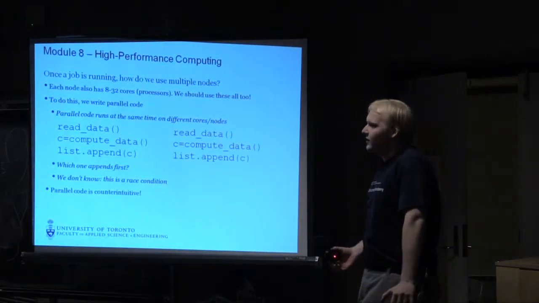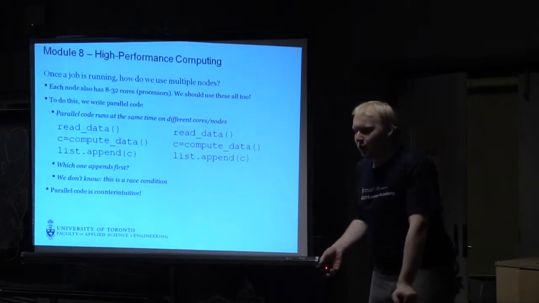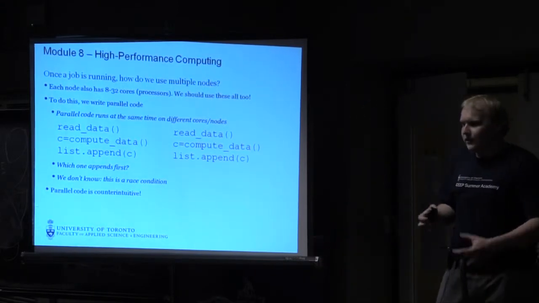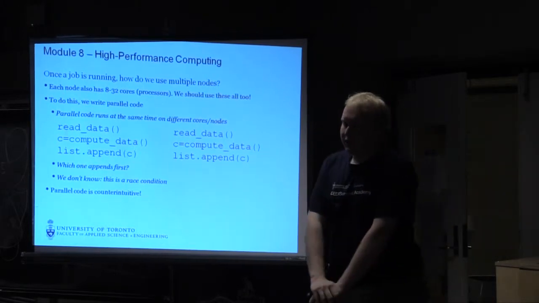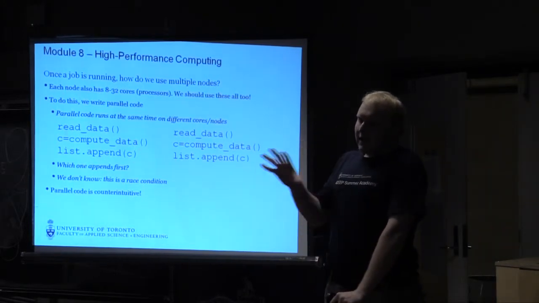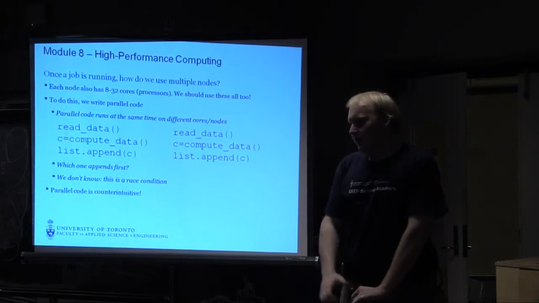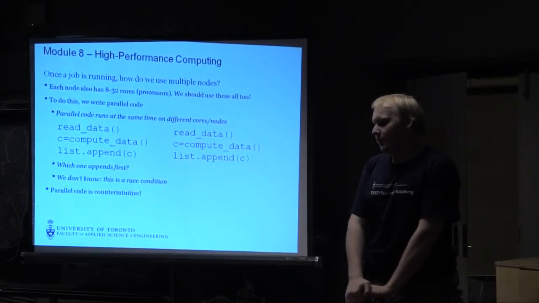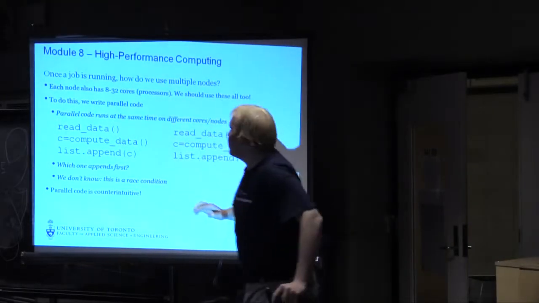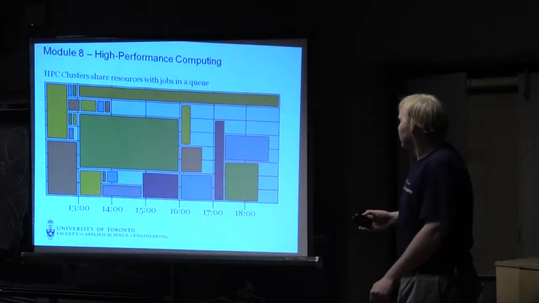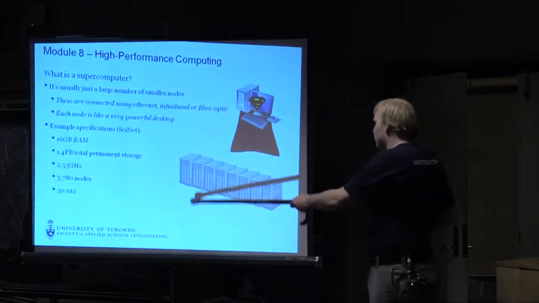Once the job is running, now we have to think about how do we use multiple nodes, right? Python is a traditional programming language. So remember back in day 1 when we looked at assembly language and machine code and the CPUs that it ran on, right? Yes? Okay, so a node is one of these, right?